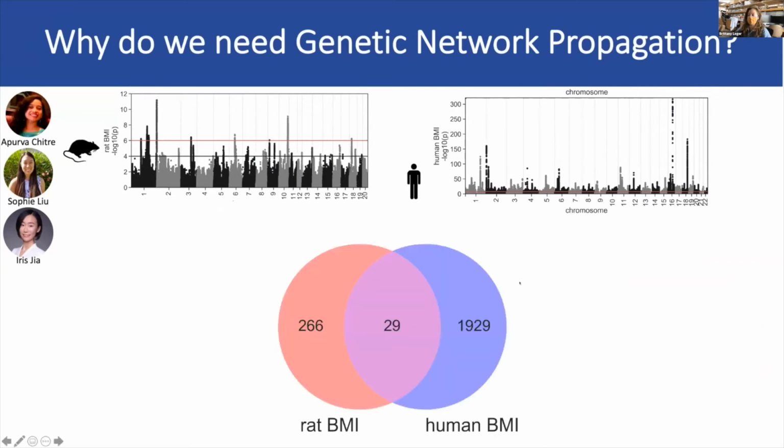If we just take the intersection of these two data sets, we get a very small number of genes. Unfortunately, we are concerned that we're losing a lot of substantial genes that are causal because they're being filtered out by limitations of how we run our studies.